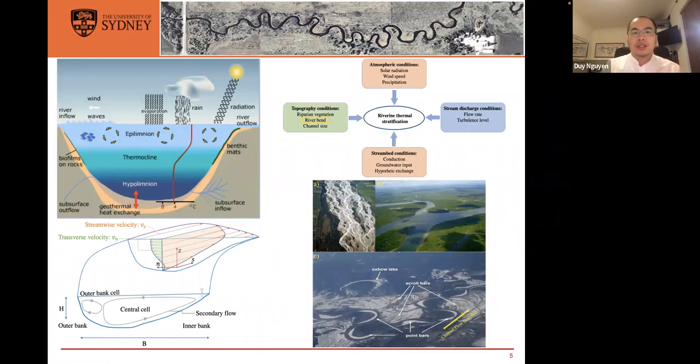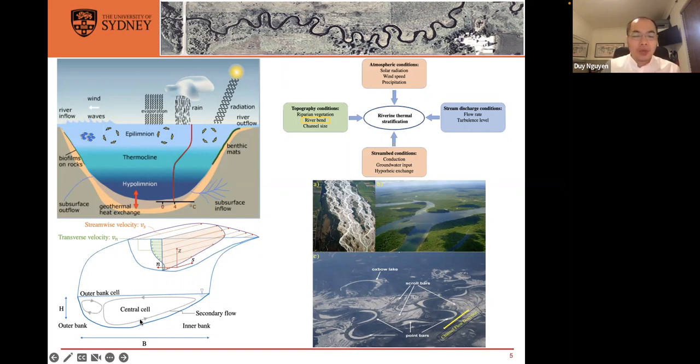And so modeling temperature in a river is already complicated enough. But now if we include water flowing through a bend, there are more physical aspects associated with water flowing through a bend, as you can see here.